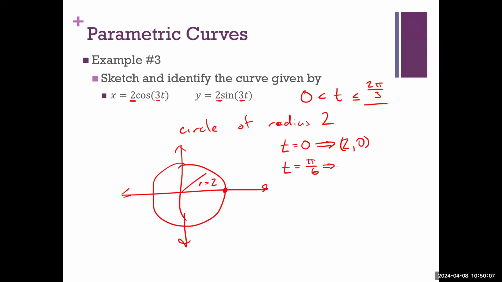Where does that put me? Should be 0 too. So I still believe we're counterclockwise, we're just moving at a faster rate. So circle of radius 2, center didn't move, and still counterclockwise or anti-clockwise.